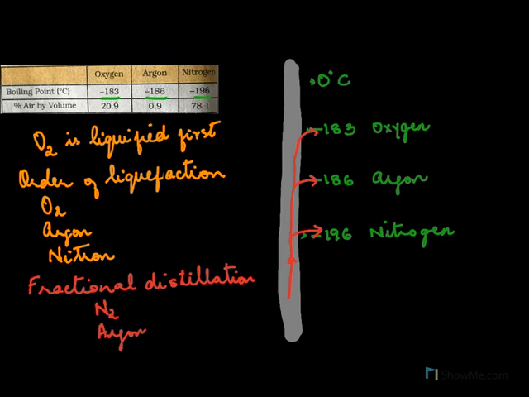And as we move further, then oxygen will come. So this is the order in which the components emerge out of the fractionating column. Here is a spelling mistake, so that is nitrogen here. So I'll just put nitrogen here.